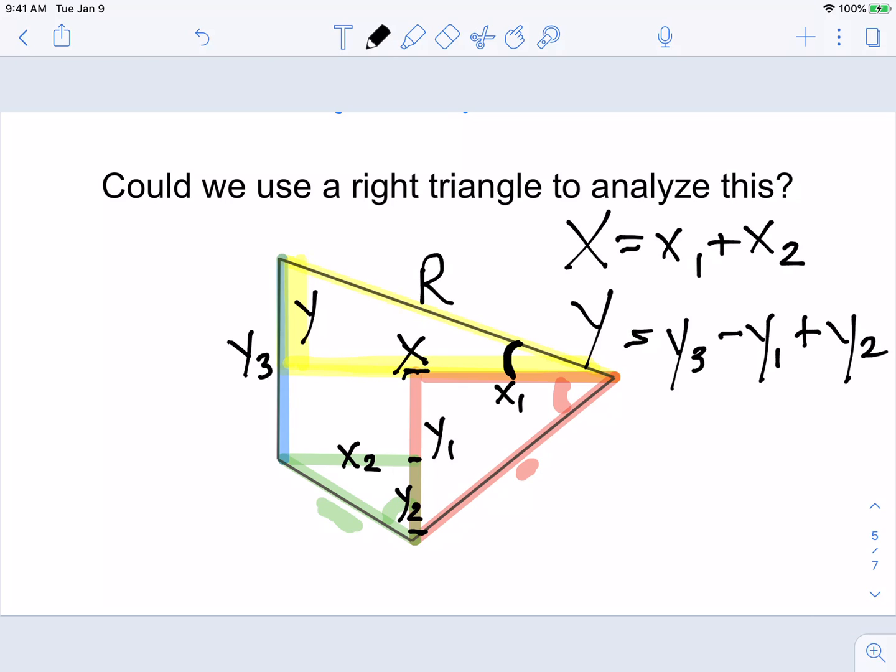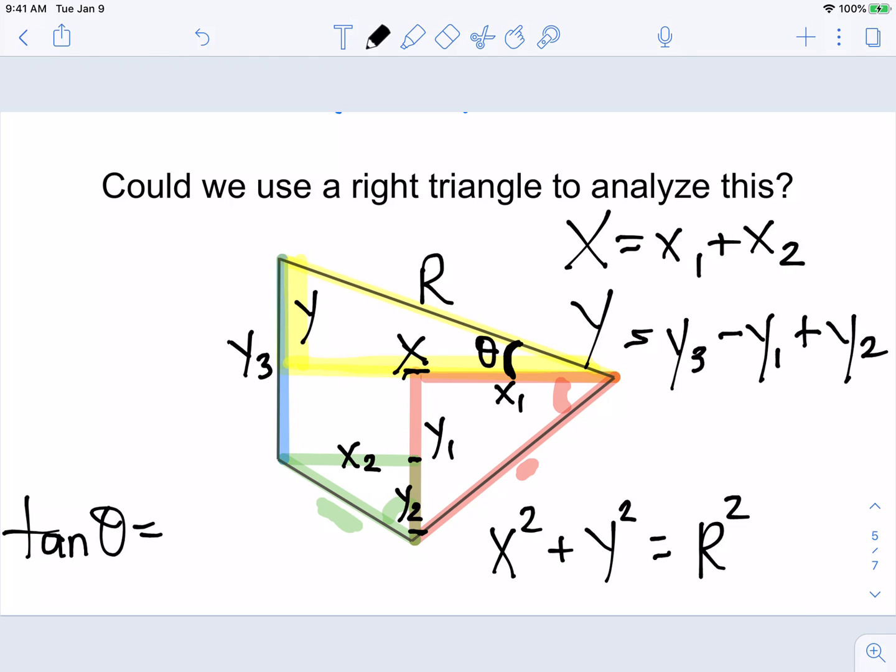So once we get to this point, you would be using the Pythagorean theorem to solve for r by saying capital X squared plus capital Y squared equals capital R squared. Okay, and you could solve for r. And then I would want this angle here that I'm calling theta, and I could say the tangent of theta is equal to opposite over adjacent, which would be y over x, that's capital Y and capital X. And you could use that to solve for theta.